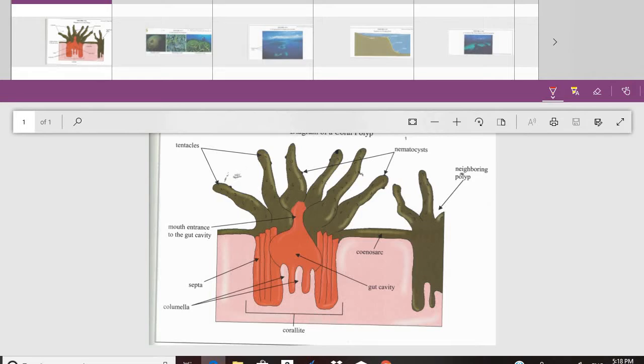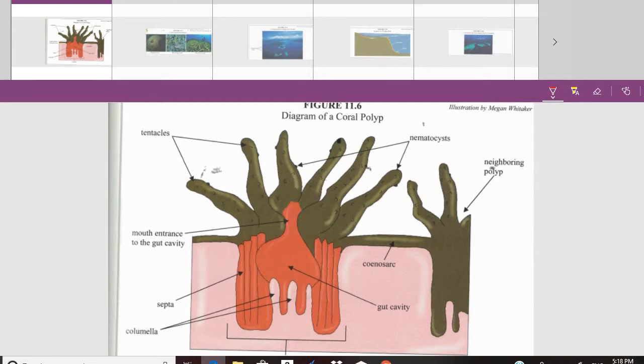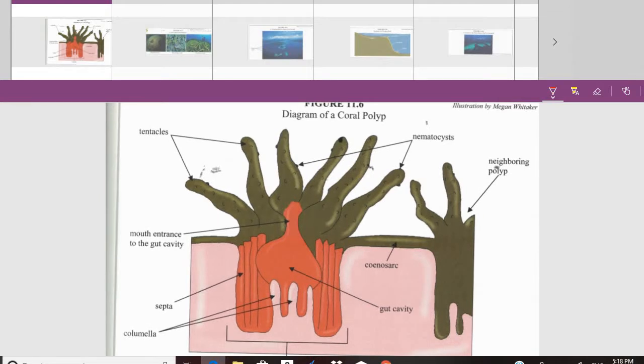So a couple things that I want to point out to you about the stony coral. So it consists of a tiny polyp with these tentacles at the top. Okay, so here's our tentacles that are at the top.